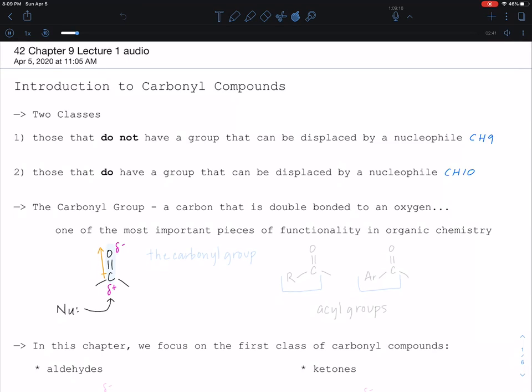That group right there, the carbonyl group, is what we're going to focus on in chapters 9 and 10. We know that the oxygen is more electronegative than the carbon, right?